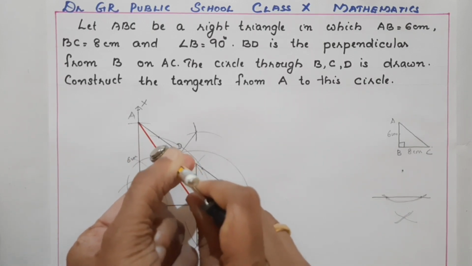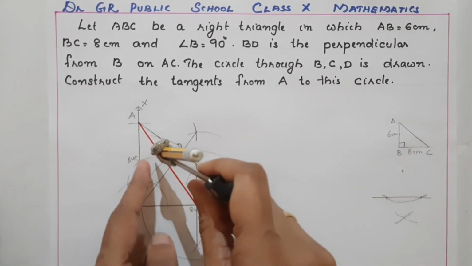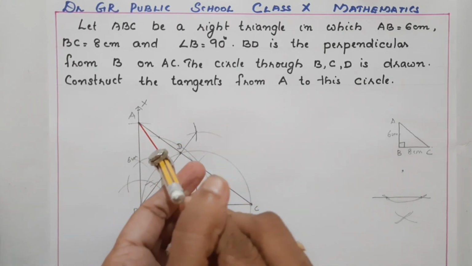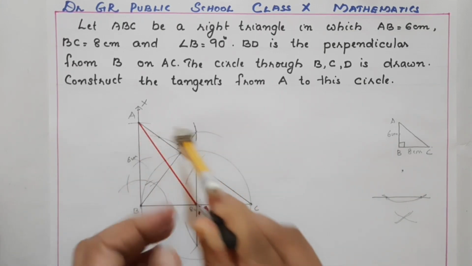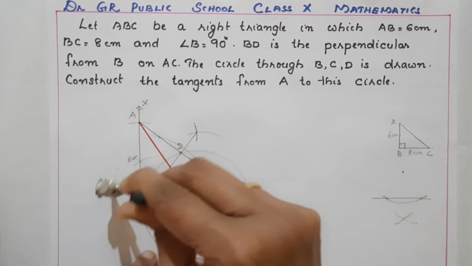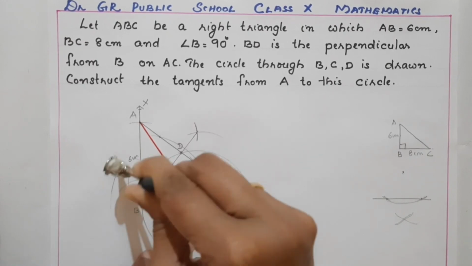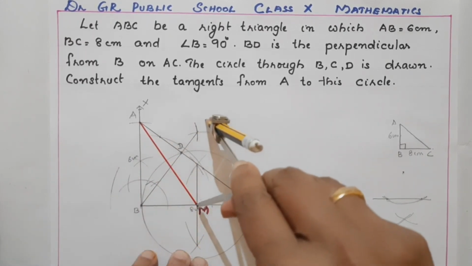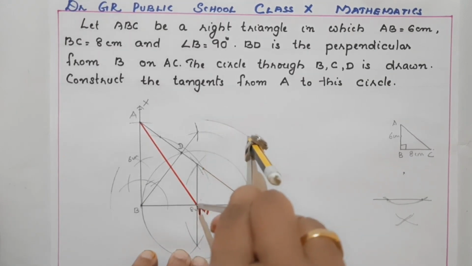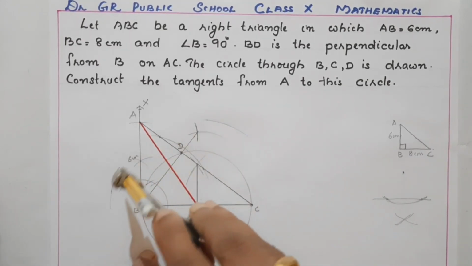For that, fix the compass at M. Take more than half of this AM and draw two arcs here, and here another one. Did you understand?